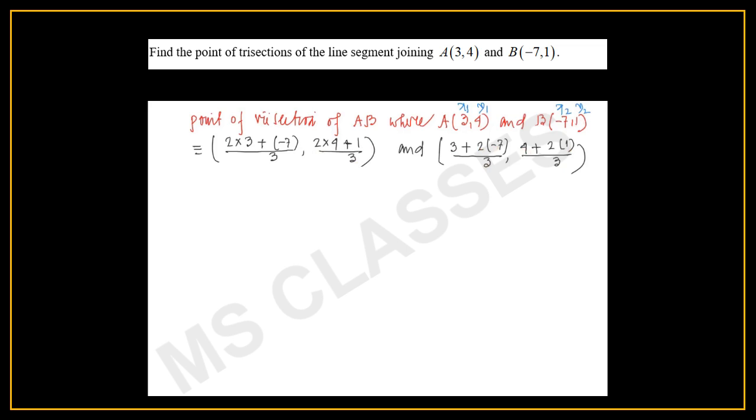Now, if we simplify this, we get -1 by 3, comma, 9 by 3, that is (-1/3, 3). And for the other, 3 minus 14 is -11 by 3, and lastly 6 by 3, that is 2.